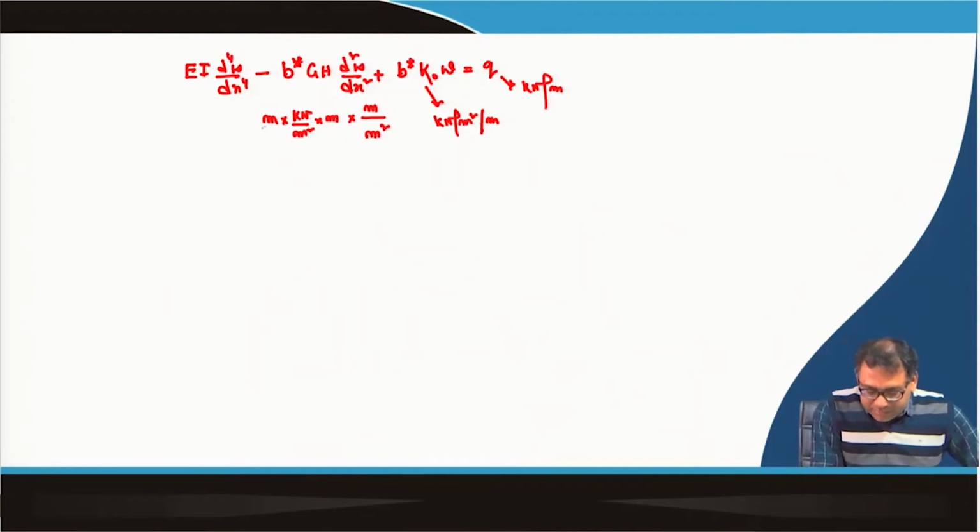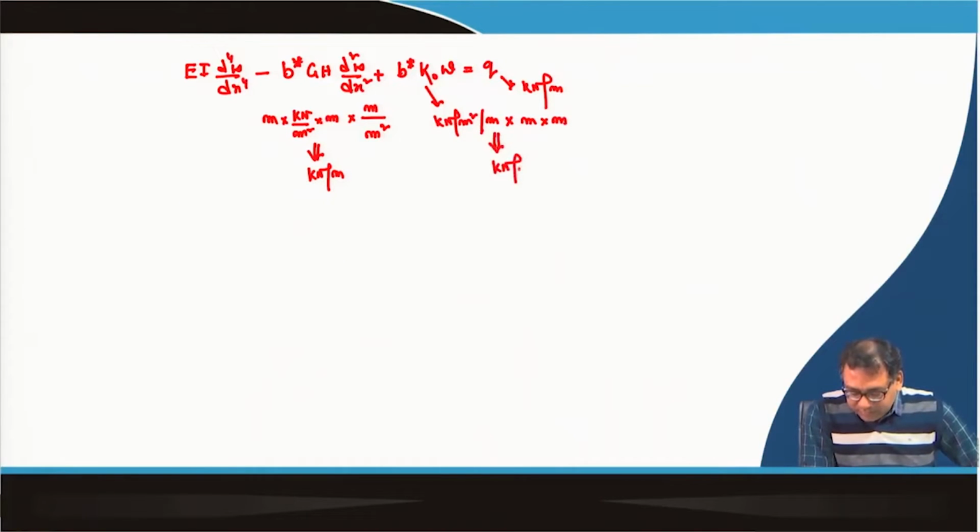Okay? So, that means this will be kilonewton per meter. So, again this will be kilonewton per meter. Here this is kilonewton per meter into meter, because B dash and the W. So, this is kilonewton per meter.